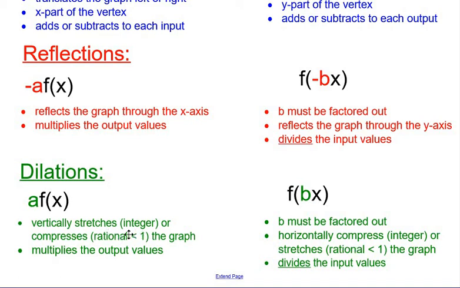So a fraction between 0 and 1 here would cut all of the output values by a third, for instance, making the graph shorter. But the way we say that is vertically compressed. But if b were a third, we would be dividing everything by a third, reciprocating it, and then multiplying everything by 3. All right, I hope that was a good review. We're going to take a look at some examples of what it looks like to look at a non-parent function related to all of these different things.